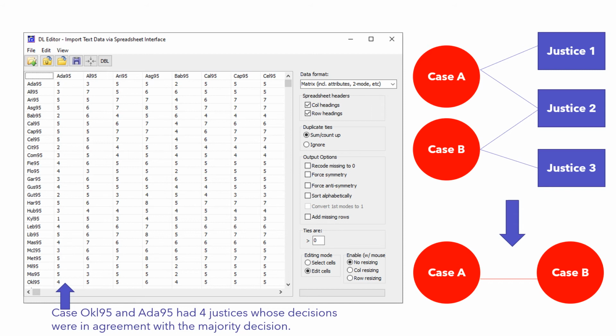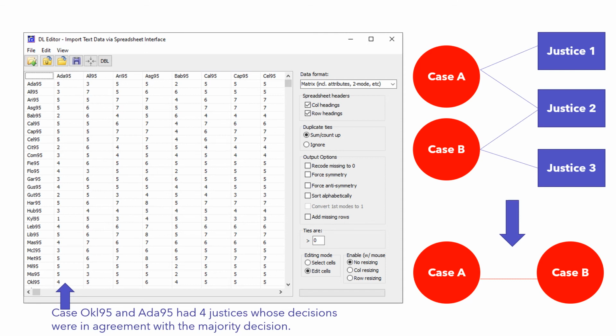So in this case-by-case matrix, the cell value means the number of justices whose decisions on a pair of cases were in agreement with the majority decision. The cell value I point out means case OKL 95 and ADA 95 had 4 justices whose decisions were in agreement with the majority decision.